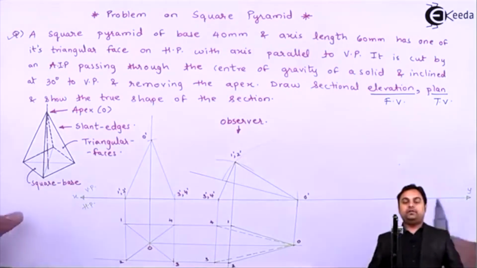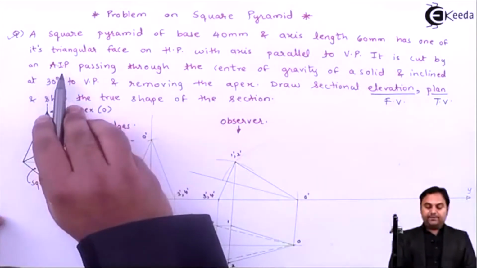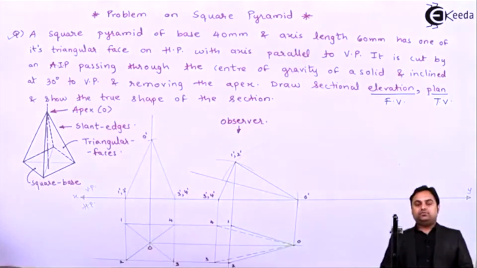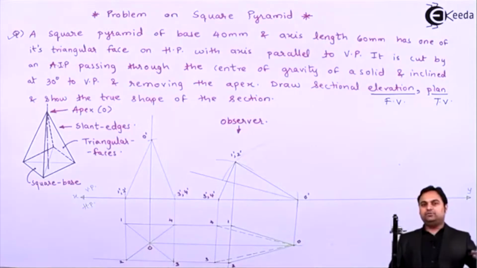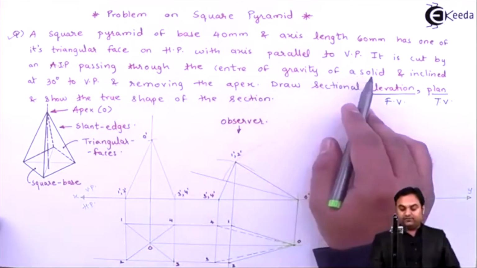Next, now I'll read the condition for the cutting plane. It is cut by an AIP, that is auxiliary inclined plane. That plane is inclined to one of the planes and parallel to the other plane. Like here it is passing through the CG, center of gravity of a solid.